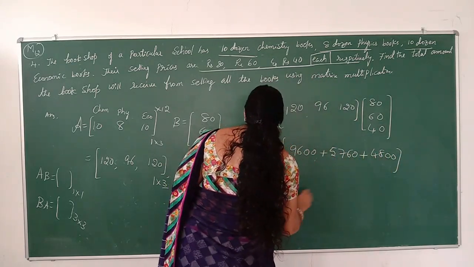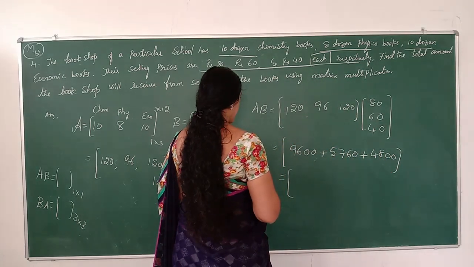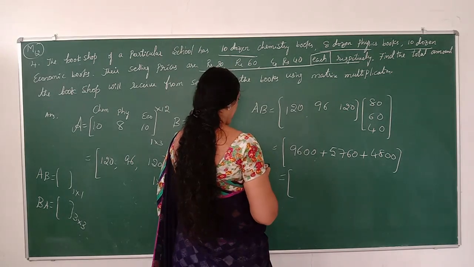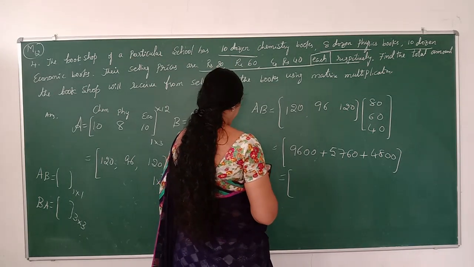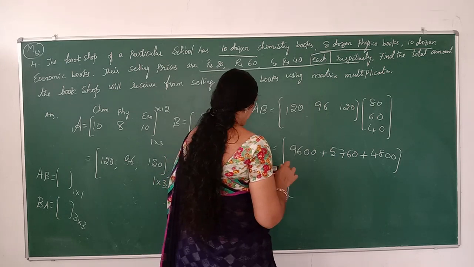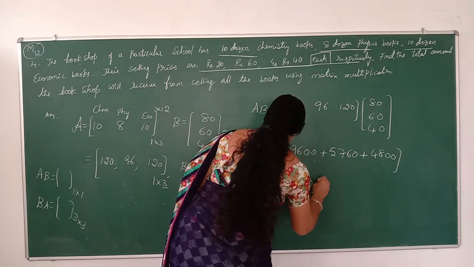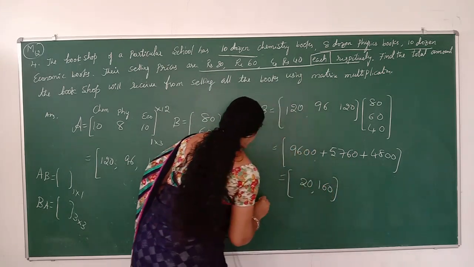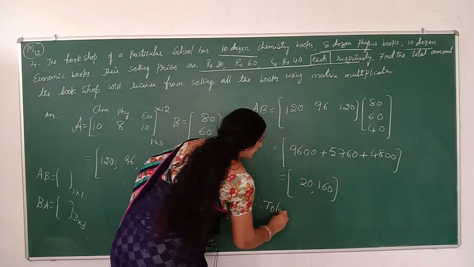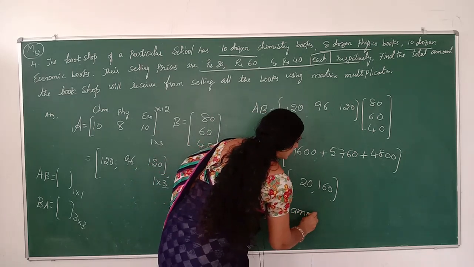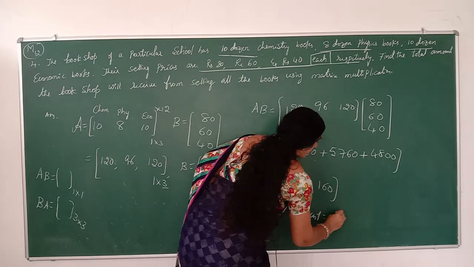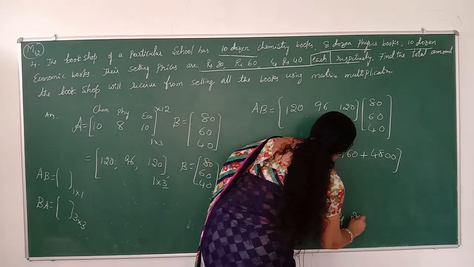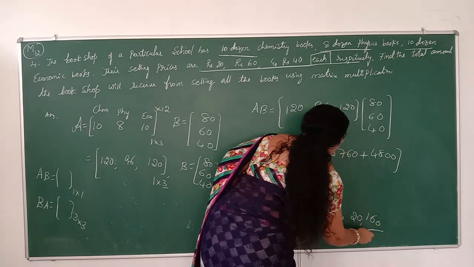So we add 9,600 plus 5,760 plus 4,800. It will be equal to 20,160. Therefore, the total amount of the bookseller is rupees 20,160.